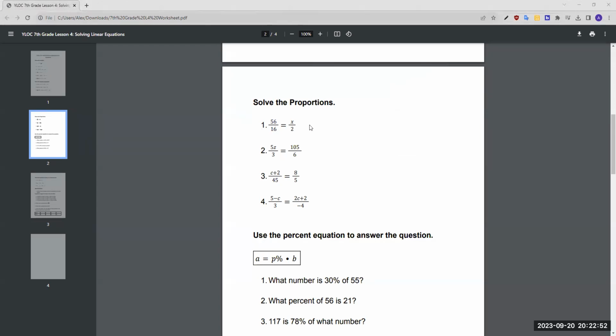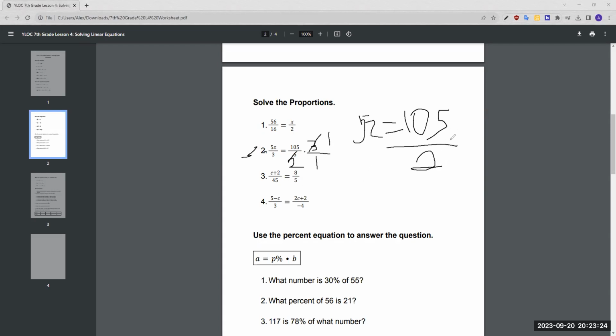Number 2, 5z over 3 equals 105 over 6. Okay, so we're multiplying both sides by 3 to get rid of that 3 here. And then we can cross cancel these. 6 divided by 3 is 2. So our new equation is 5z equals 105 over 2.